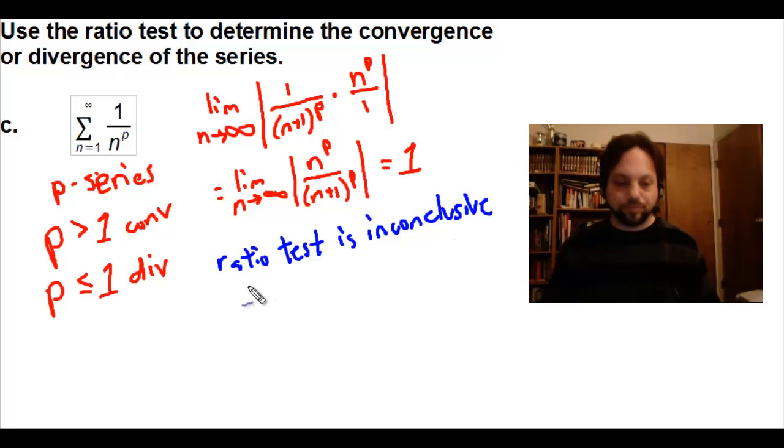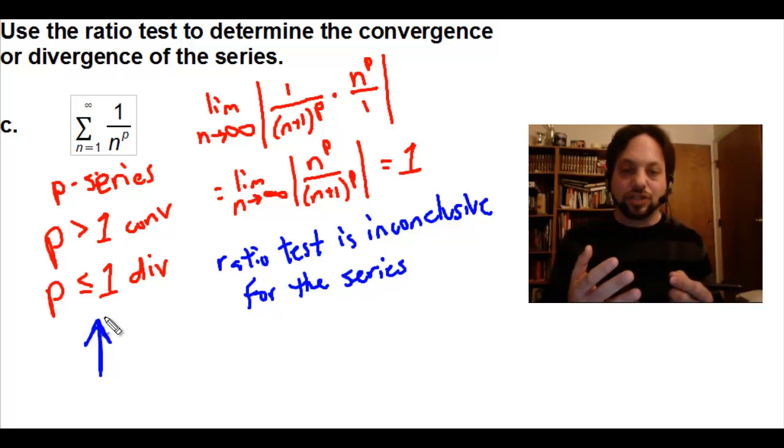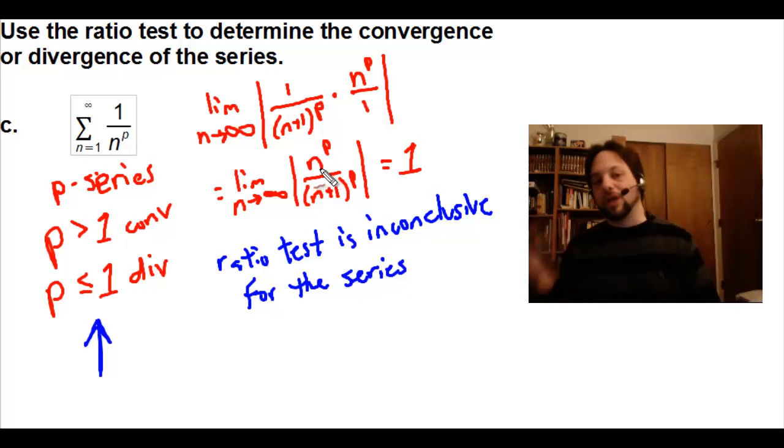Now, does that make sense? I mean, we have our guidelines written here on the left side, and we know that this isn't inconclusive. We know that it either converges or diverges. But what I challenge you to do is to think about the value of p. If p is greater than 1, then the denominator will be greater than the numerator, and this actually will be less than 1 as a ratio.